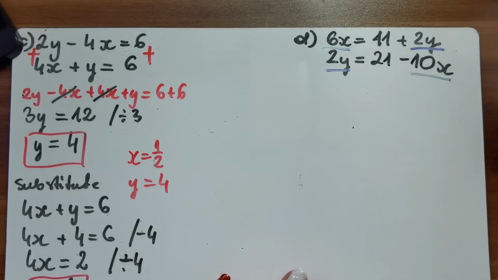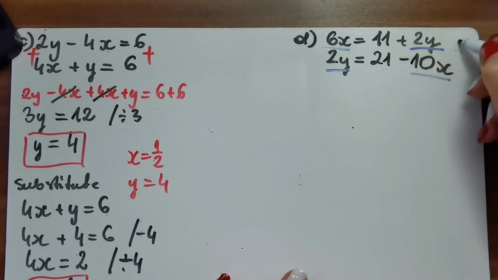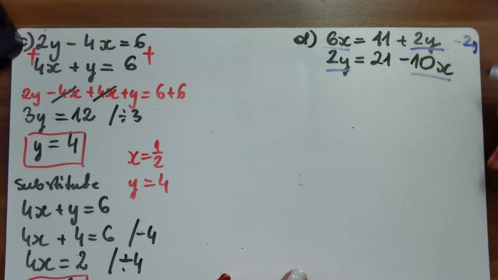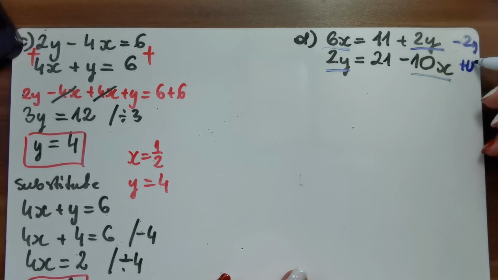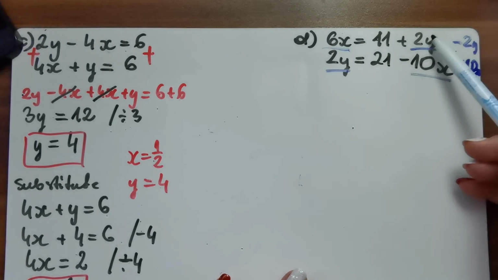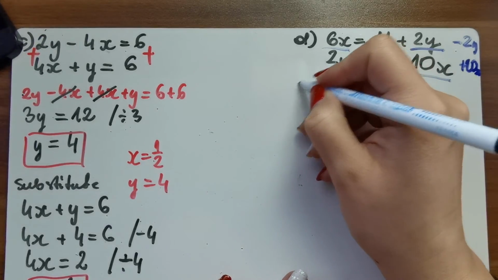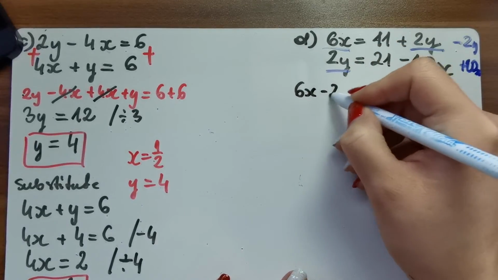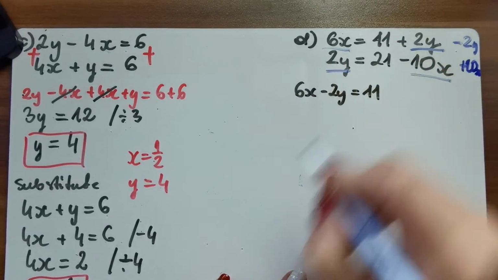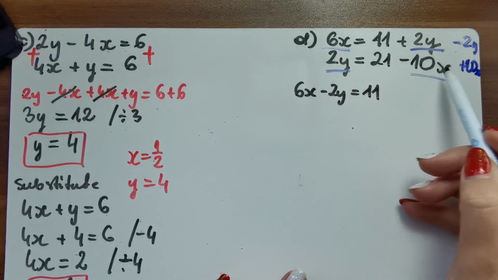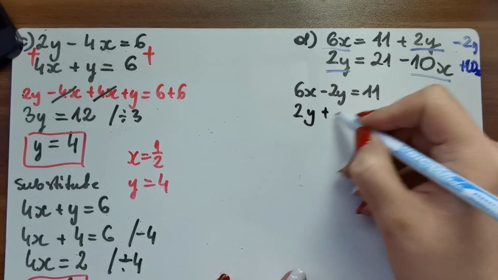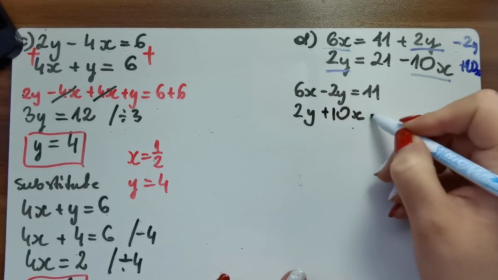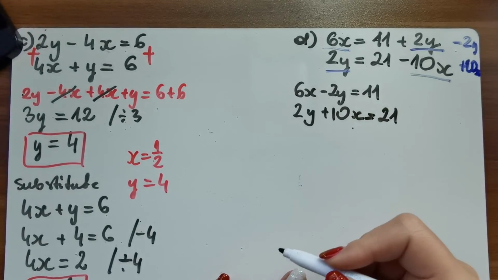So from the first one I will take away 2y from both sides, and for the second one I will add 10x to both sides. So when I take away, I will cancel it out here and move it here, so it will be 6x take away 2y is equal to 11. And for the second one, if I add 10x to both sides, I will get 2y plus 10x is equal to 21.